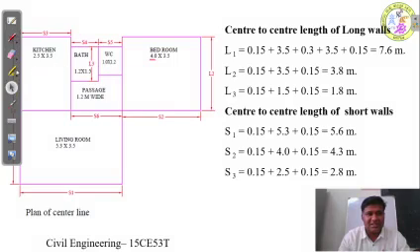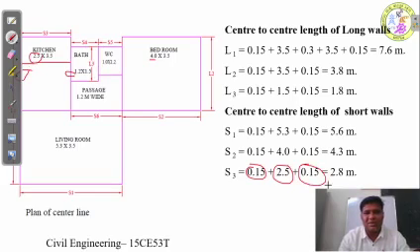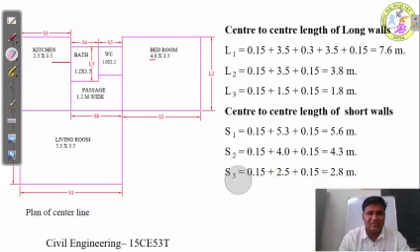And S3, from here to here. Again in S3, 0.15 meter is the wall width, plus 2.5 meters is the horizontal dimension of this kitchen, plus 0.15 meter again is this wall width. So total it will come to 2.8 meters, the center to center distance of S3.